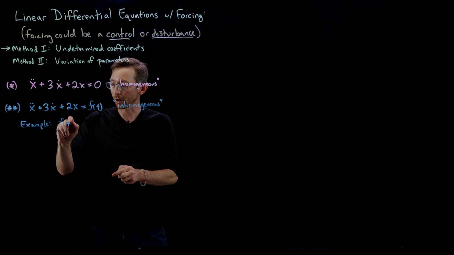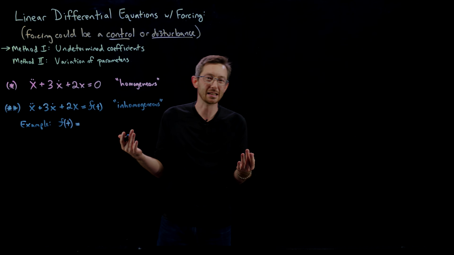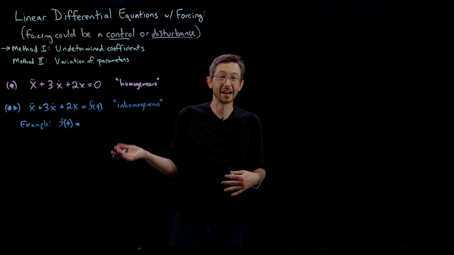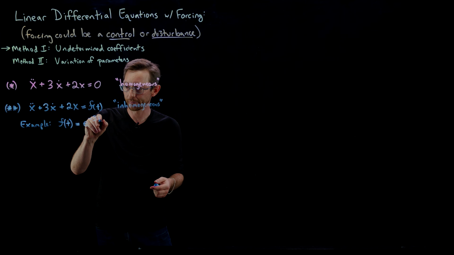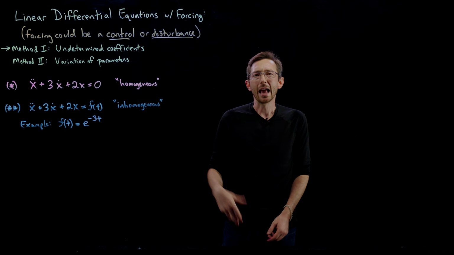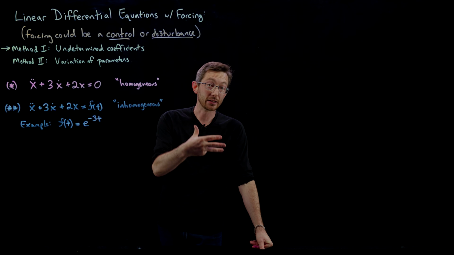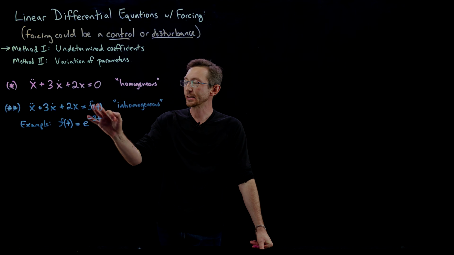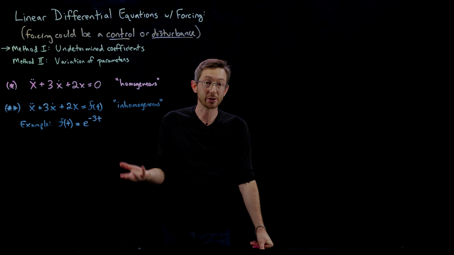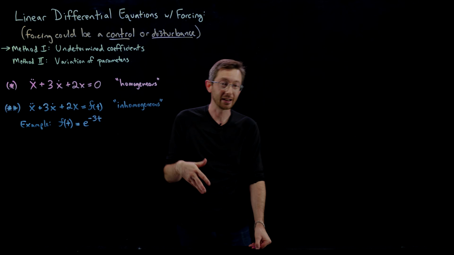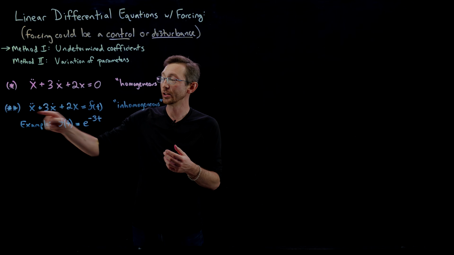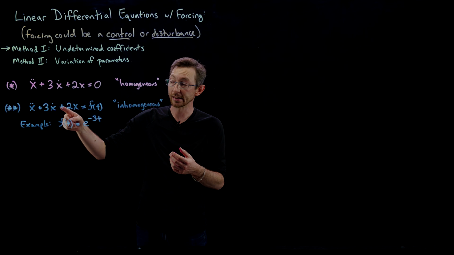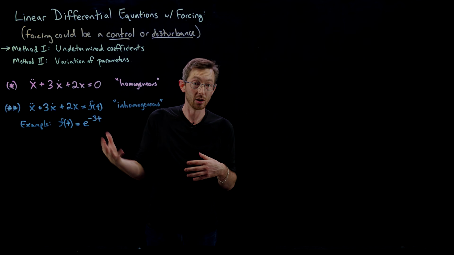So in this example, our f of t, we're just gonna pick something really easy, which is like an exponential function or a sine or a cosine. Here I'm gonna pick e to the minus 3t. And I'm going to give kind of a teaser. We know that if this forcing is something simple like an exponential function or a sine or a cosine, it's probably going to be easier to solve because we know that the generic solution of differential equations is given by exponentials and sines and cosines.